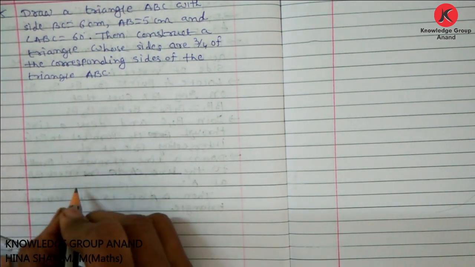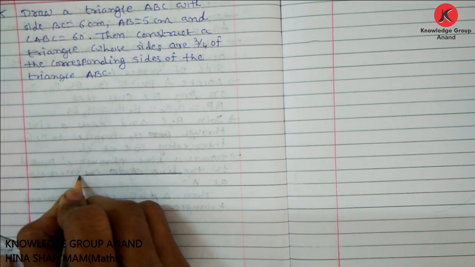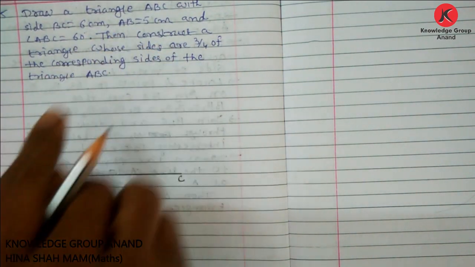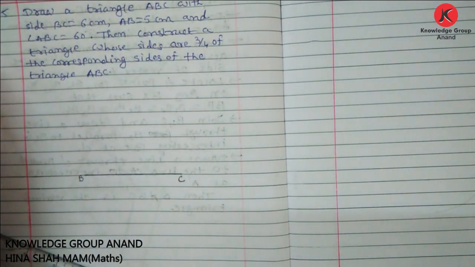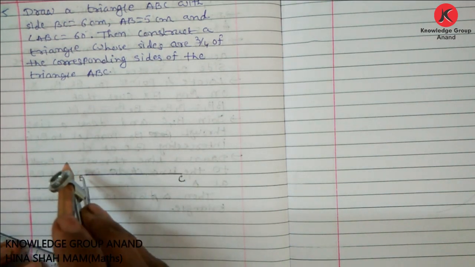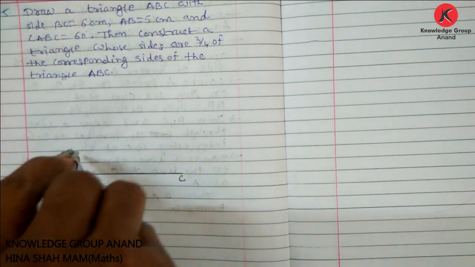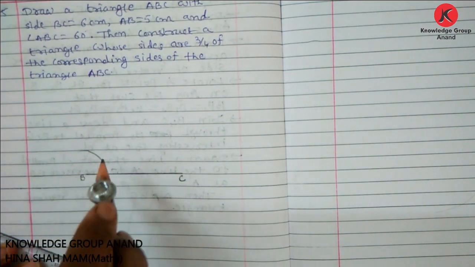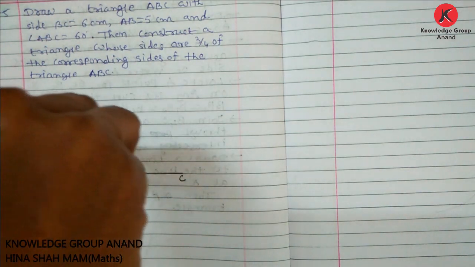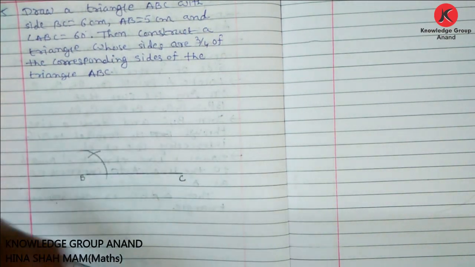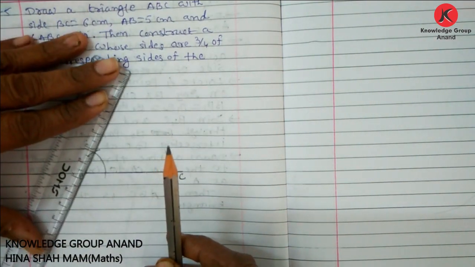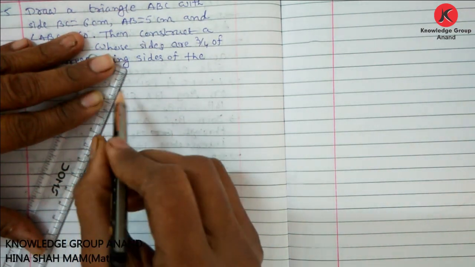Now, BC. Angle ABC is equal to 60 degree. How to draw angle 60 degree? Here angle B is equal to 60 degree. We know in standard 9 how to draw angle B equal to 60 degree.